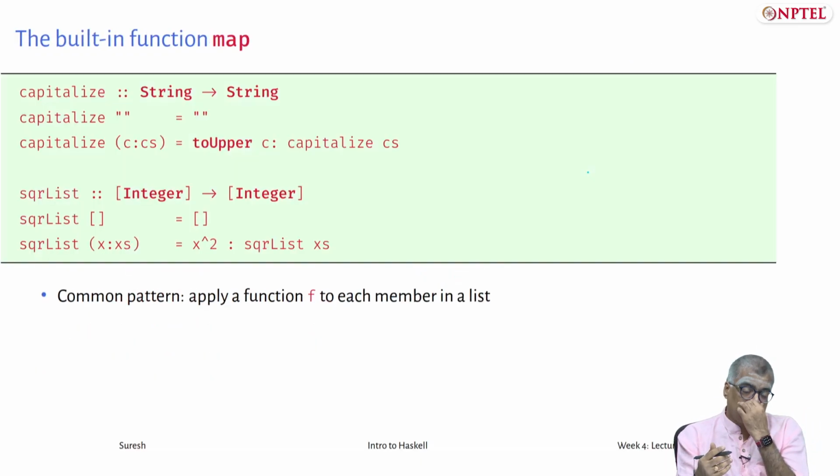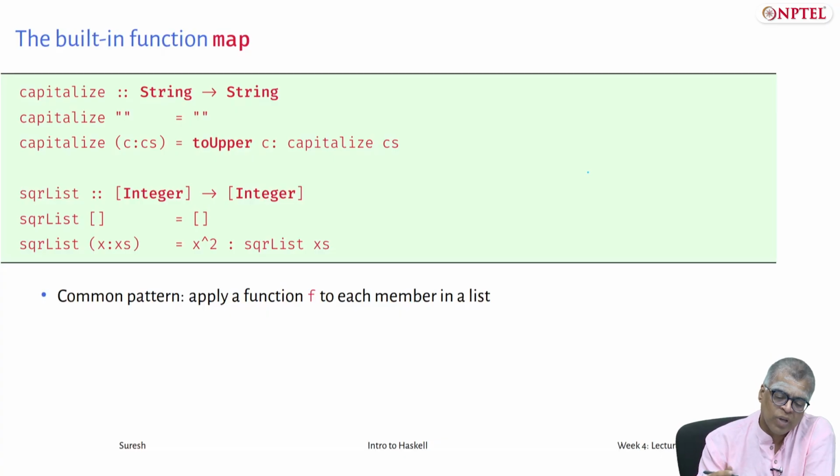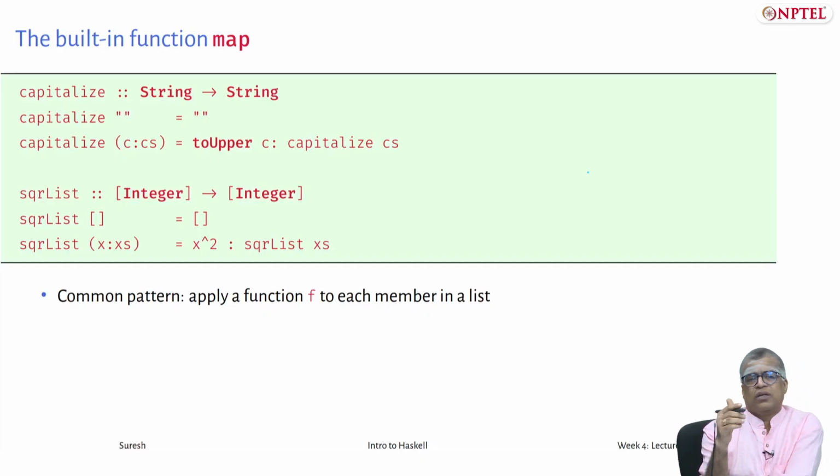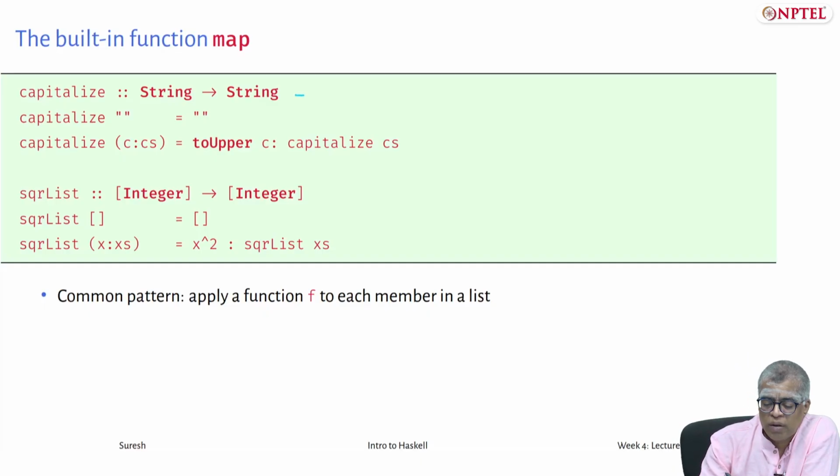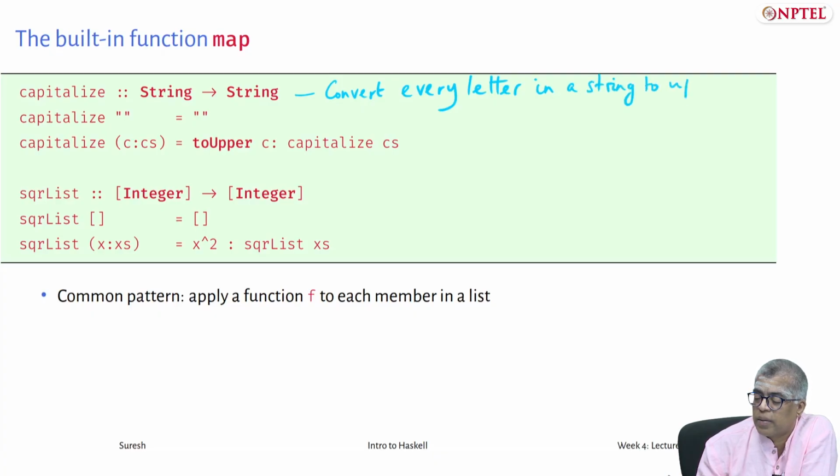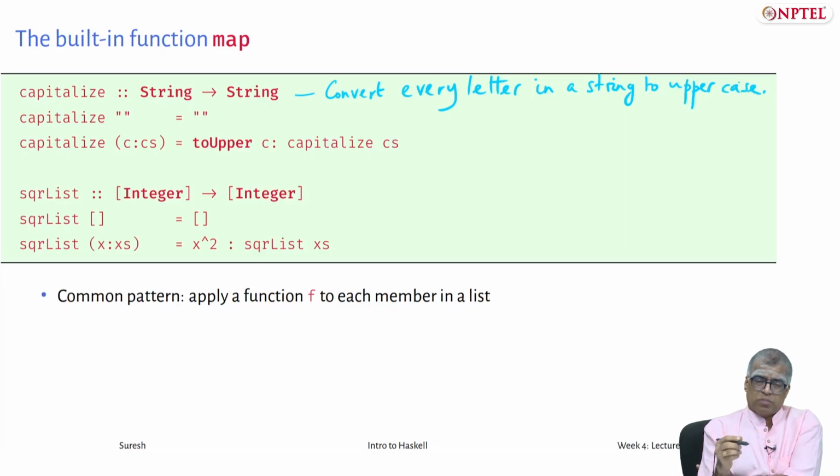Let's look at more useful ones which sort of capture very common patterns of programming in Haskell. Here is a function which we looked at already, capitalize, and the aim of this function is to convert every letter in a string to uppercase, right?